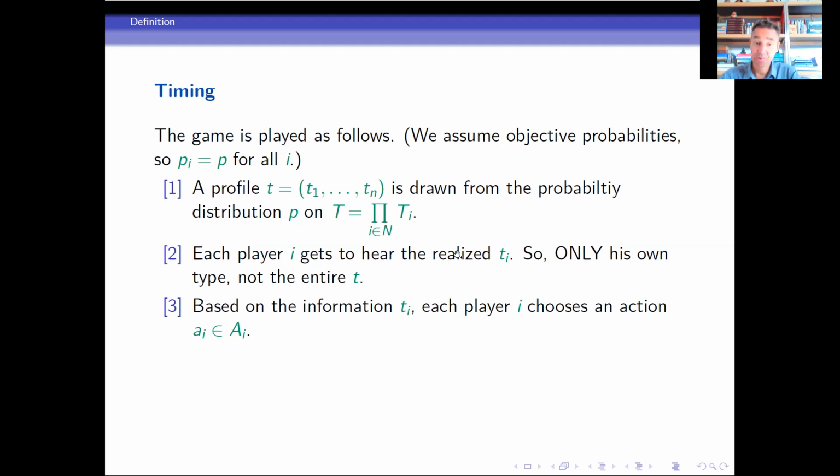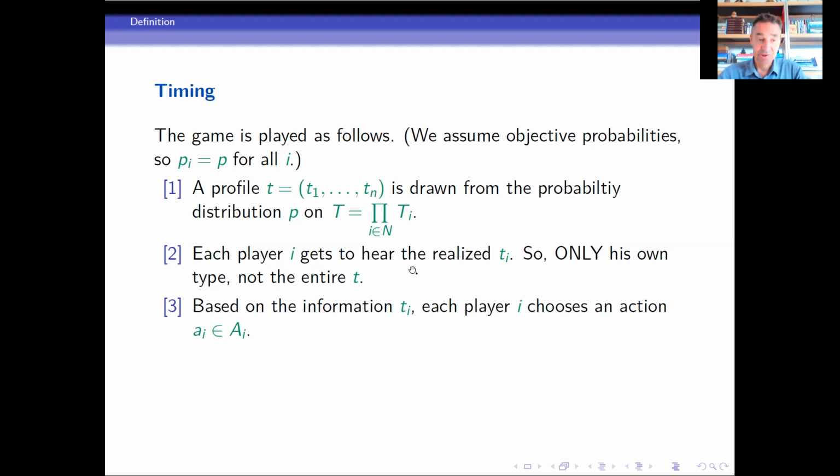And now what are you supposed to do being a player? If you're player i and your type is Ti, then you know your own type, not the types of the other ones. And then given that information, you need to select an action from your set of possible actions, capital Ai.